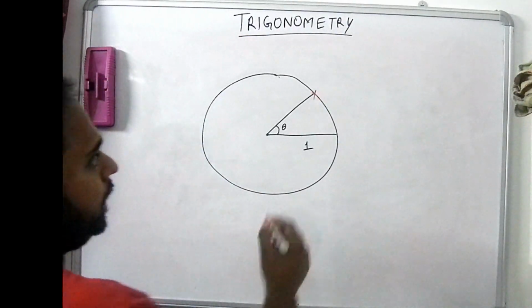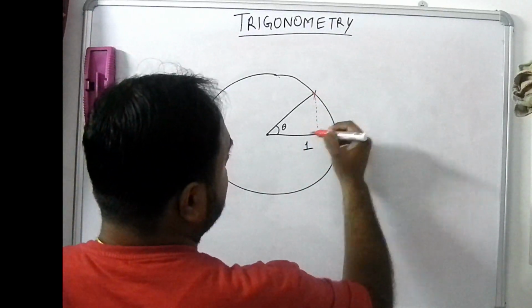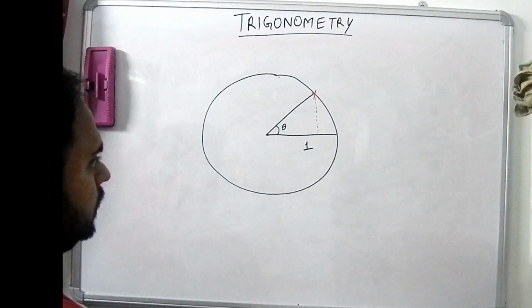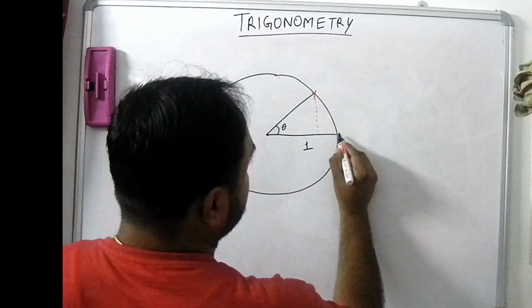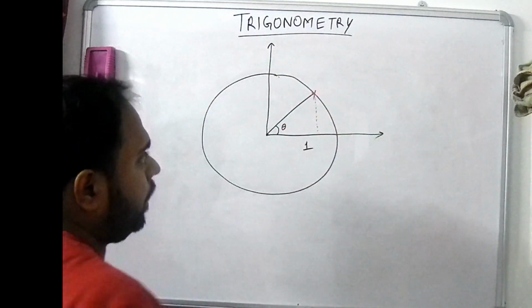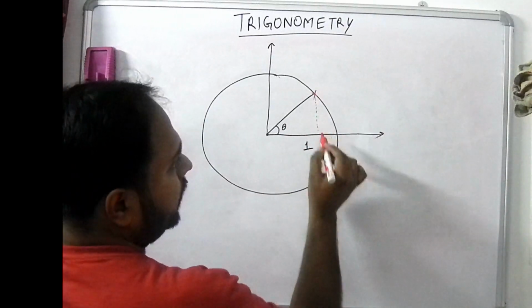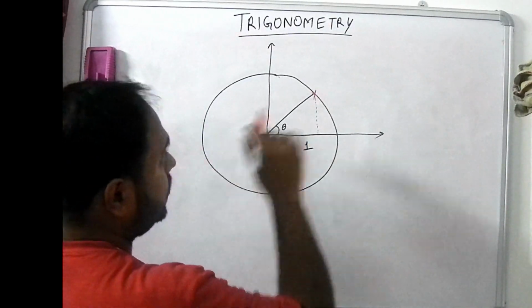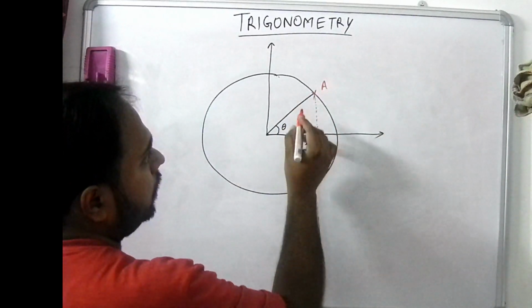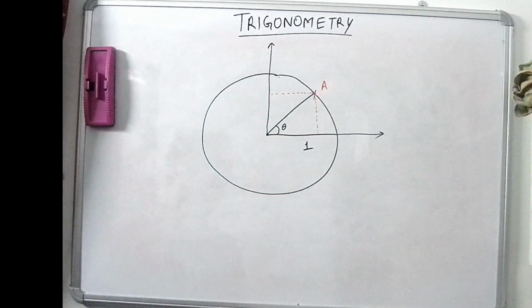These are my coordinate axes. Somebody is moving from here to here, and I reach this point, which is point A. This is my y-axis.